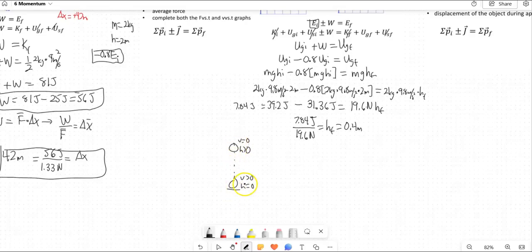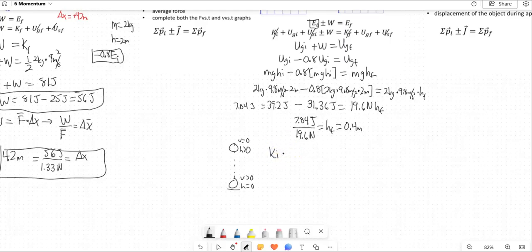So this is before the bounce. So in other words, it has an initial kinetic energy. It has no initial kinetic energy. So if we're going to take this equation again, okay, so I'm going to write that out.